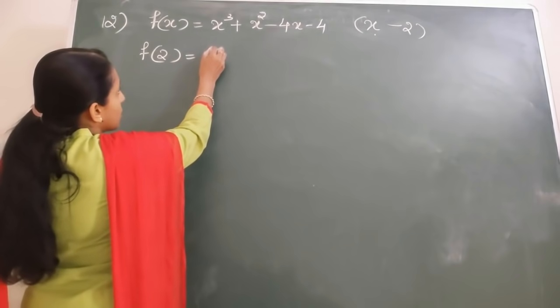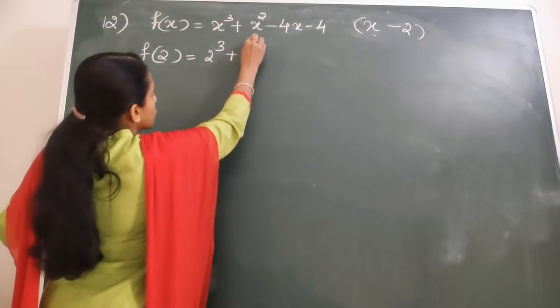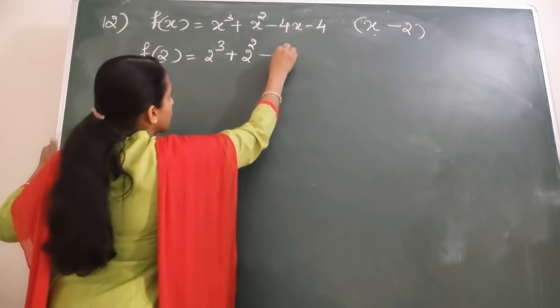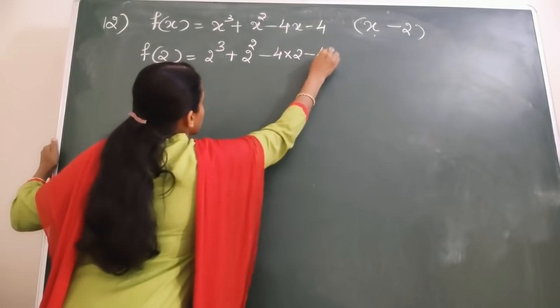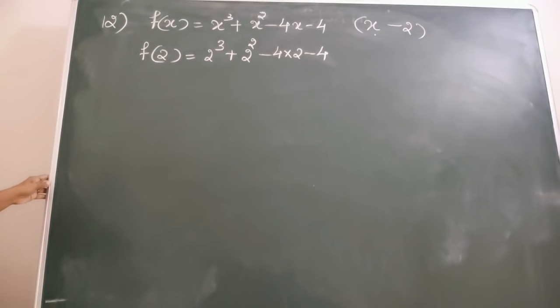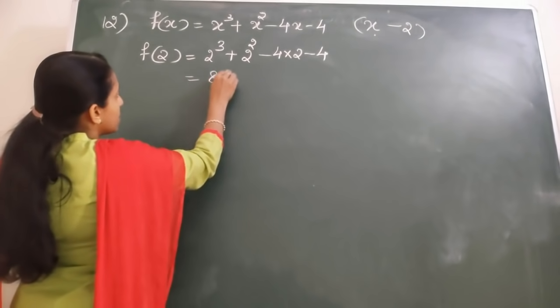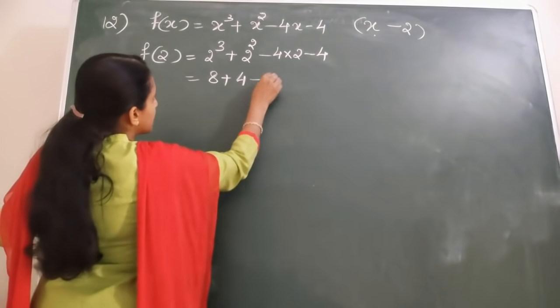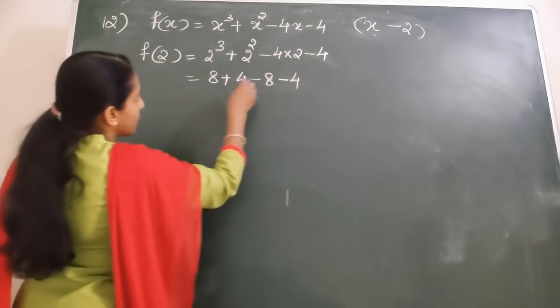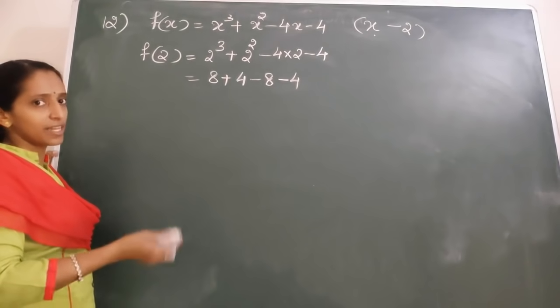F of 2 equal to 2 cube plus 2 square minus 4 into 2 minus 4. So you are getting 8 plus 4 minus 8 minus 4. 8 plus 4 is 12, minus 8 minus 4 is minus 12.